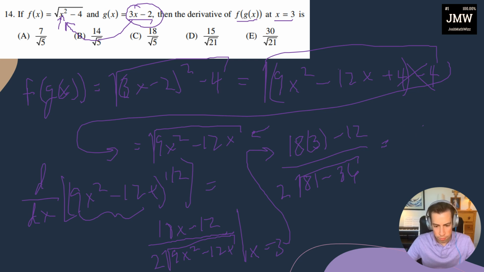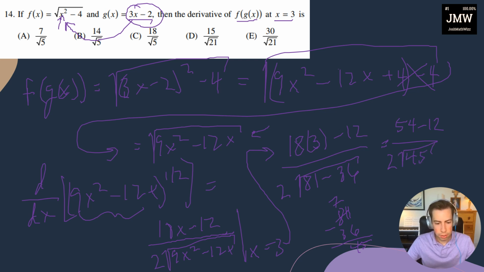Let me draw that again. So 54 minus 12, and then divide by 2 multiplied by the square root of 81 minus 36. Mental math is probably not my strong suit, so let's do some quick maths here. 81 minus 36 is 45. All right, so the square root of 45.